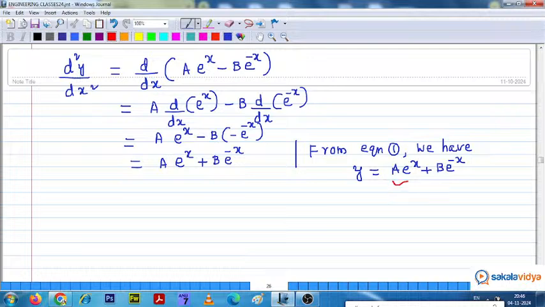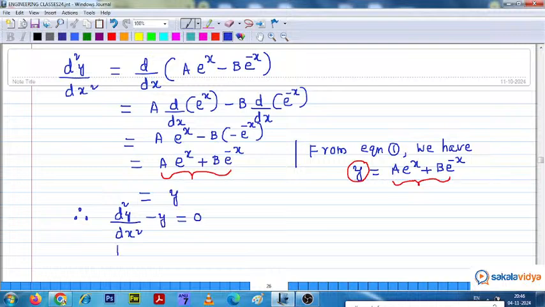Instead of a e power x plus b e power minus x, we can replace y. So we get this is equal to y. Now transpose y to the left hand side, we get therefore d2y by dx square minus y is equal to 0. So this is the required differential equation.